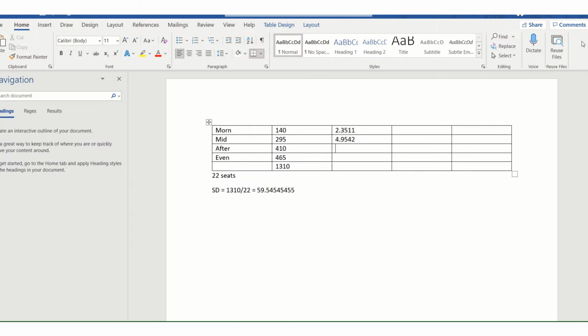I get 6.8855 really. And then let's take our 465 and divide it by the 59.54545455. And I get 7.8092.